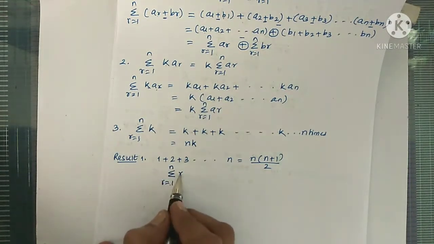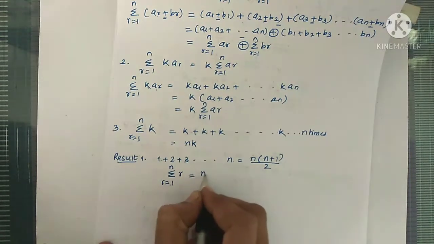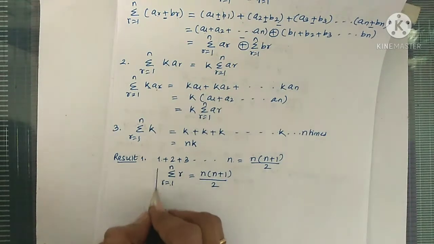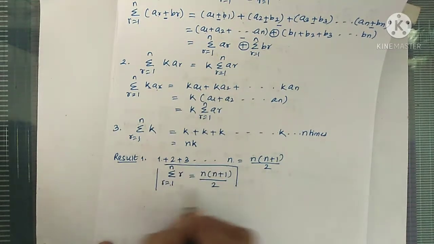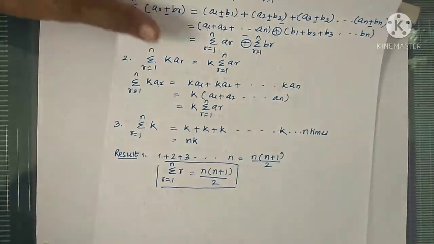See, for r equal to 1 we get 1, r equal to 2 we get 2, r equal to 3 we get 3, r equal to n, this becomes n. So summation of r is n into n plus 1 by 2. So r starts with 1 and the last is n. So this is our result number 1.